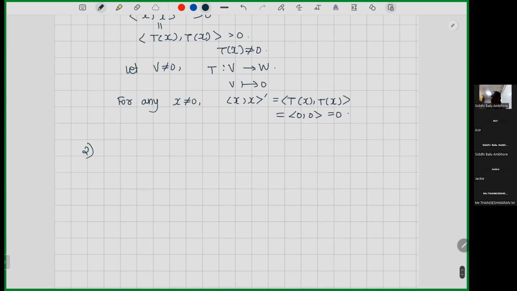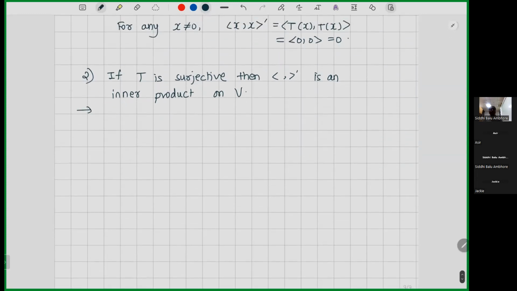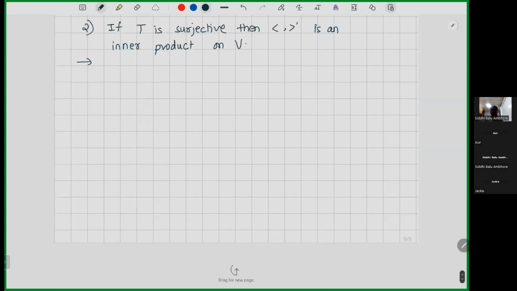So the second one is that if T is surjective, then this again is an inner product on V. So they are saying that now they have put a condition on T, and they are saying that if T is surjective, then this becomes an inner product space.